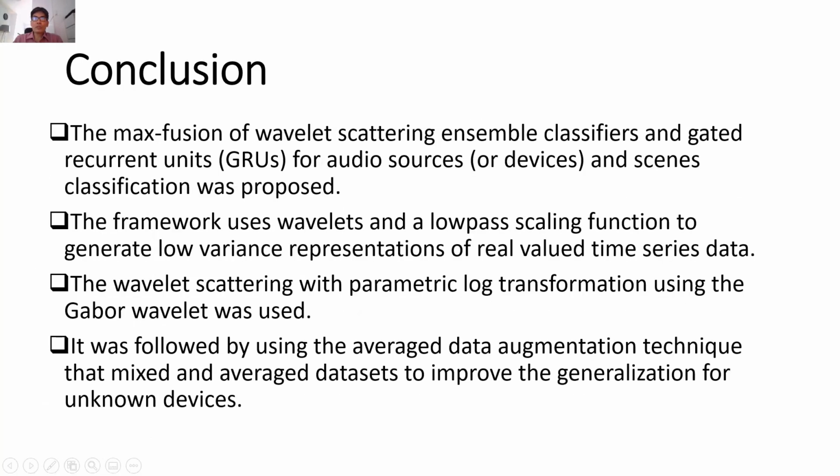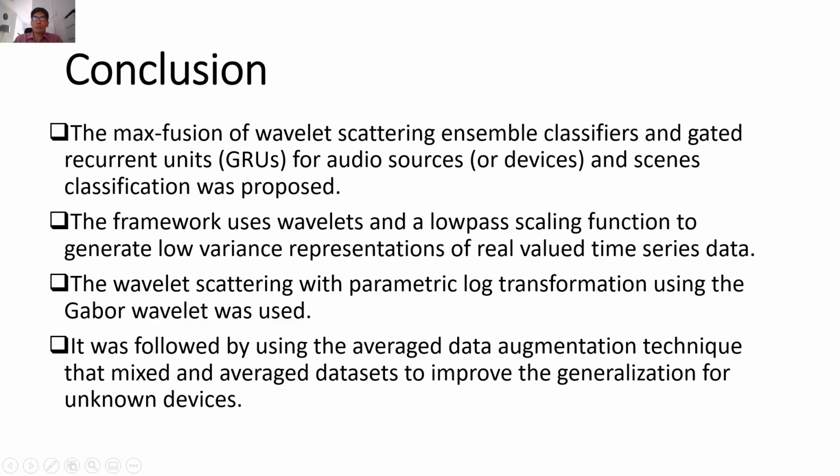As conclusions, the max fusion of the wavelet scattering ensemble classifier and the Gated Recurrent Units for audio device or source and scene classification was proposed, and the framework uses wavelet low-pass scaling functions to generate a low-variance representation of the real-valued time series data.